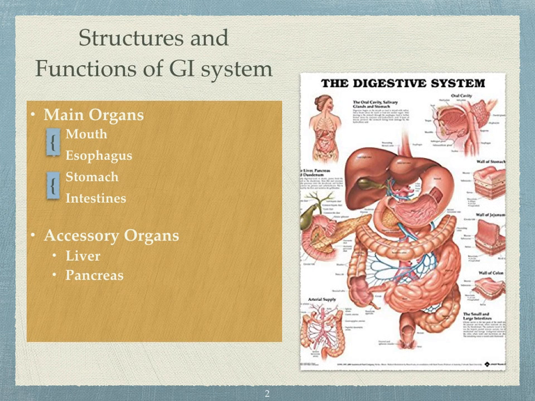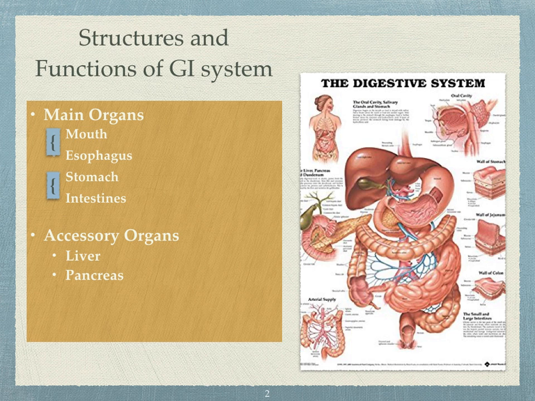Like I said earlier, we are just going to start with the structure and the function. With the GI system, of course, we're going to start with our intake of food, which will play into the mouth, followed by the esophagus. Both of these are very vital in the ingestion of our food.